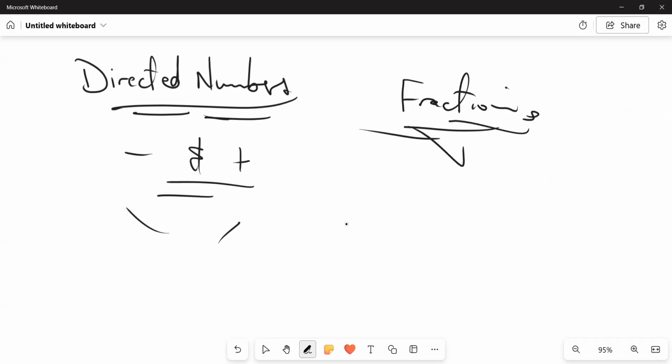Let's talk about how you add them, subtract them, multiply them, divide them. Let's start with addition and subtraction. If you have a negative and a positive number, let's say -3 plus 4, you have two different signs.